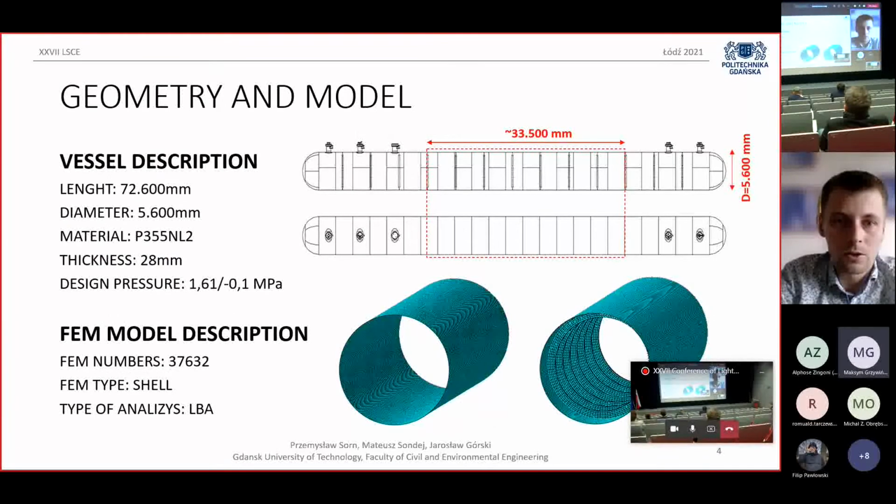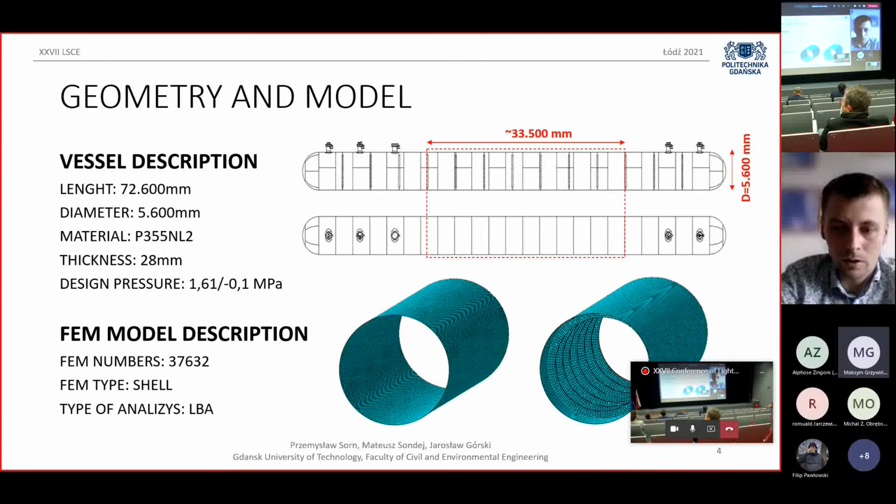This is the geometry of the tank. The full length of the tank is 72.6 meters. The diameter is 5.6 meters. The thickness of the shell is 28 millimeters, with the material P355 NL2 grade. It was designed for a pressure of 1.61 megapascal and for the situation of full vacuum, minus 0.1.